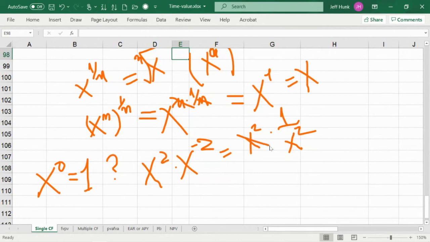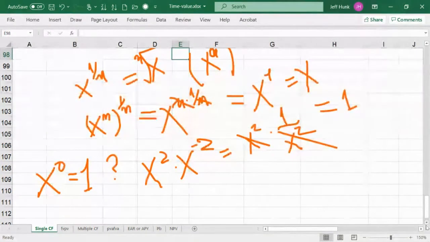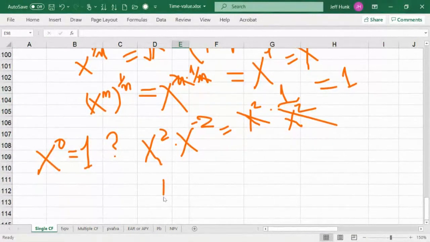So what is this? They cancel out, so it's 1. But then what does it have to do with 0? Now think about it.